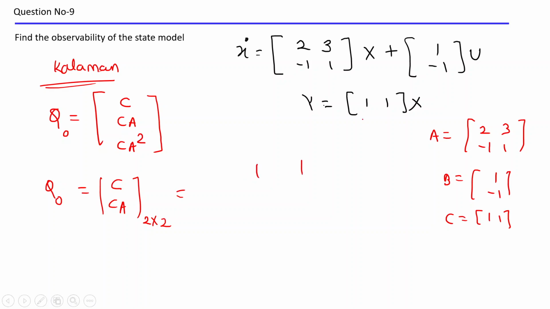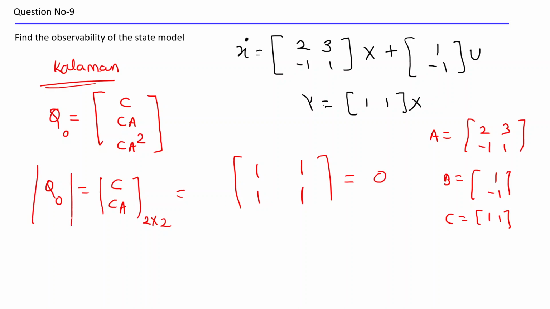And what is CA? Multiply C with A. You will get another matrix. This will again be 1, 1. So C you get 1, 1, and multiplying C with A you also get 1, 1. Find out the determinant of this matrix. The determinant is equal to 0.